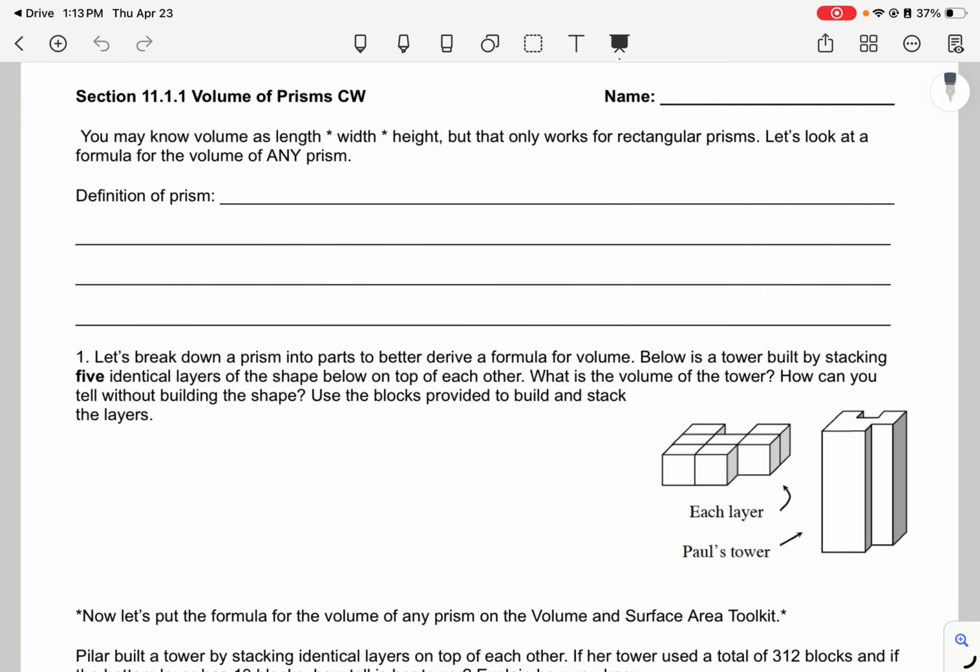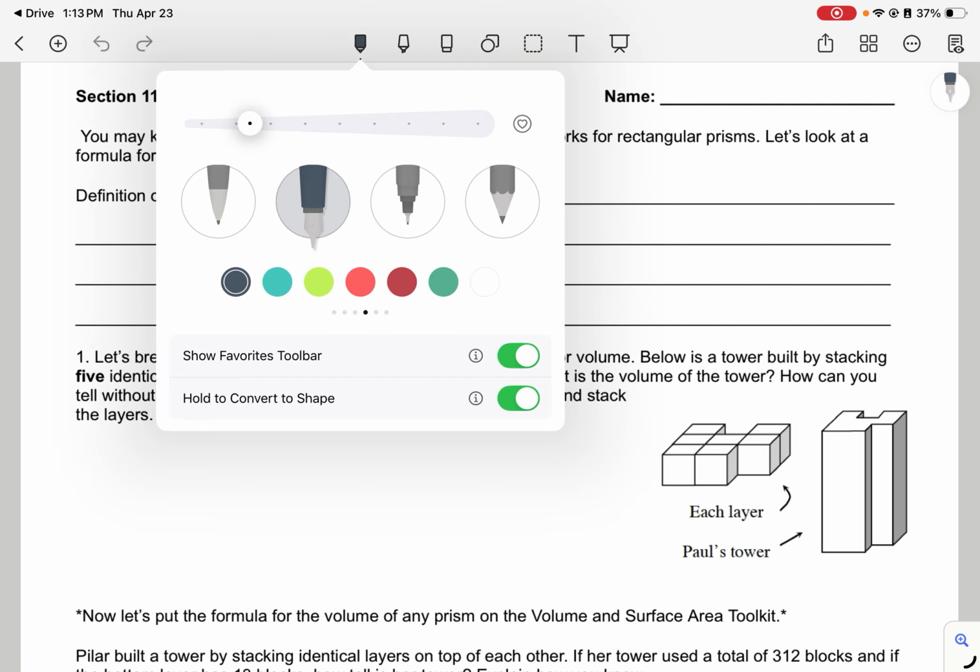It says, let's look at a formula for the volume of any prism. First of all, before we can do that, we're going to define a prism. This is kind of that fancy terminology.